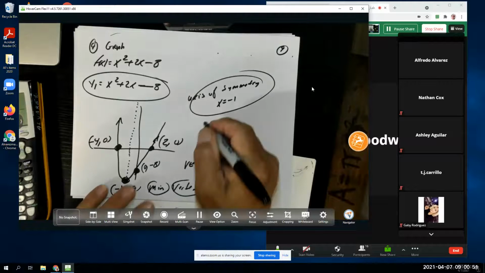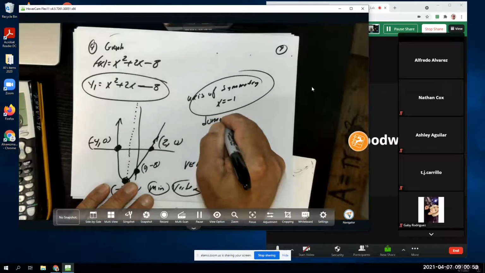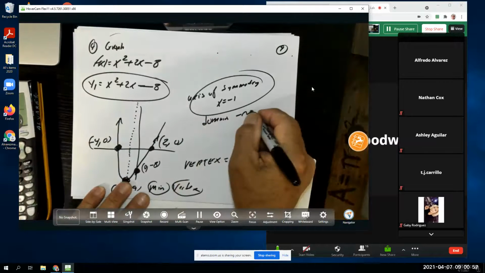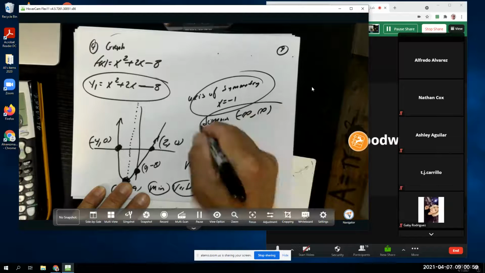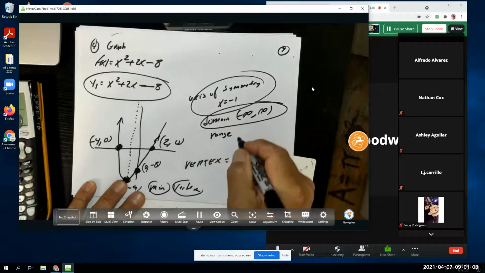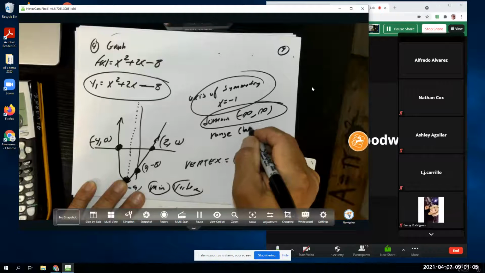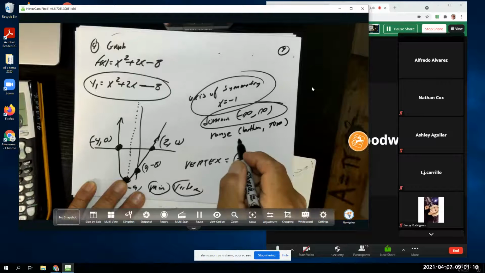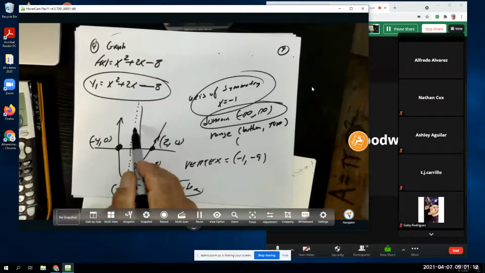And I'm going to tell you the generic answer to this. Domain is how wide does this thing get? It never stops. Okay. The range is different. The range is the bottom of the graph and the top of the graph. So the bottom, let me see, how low does this graph go?